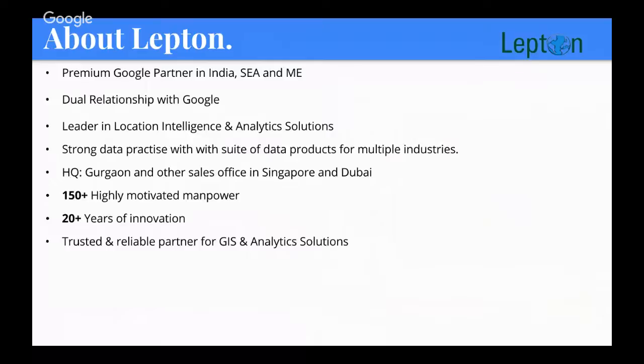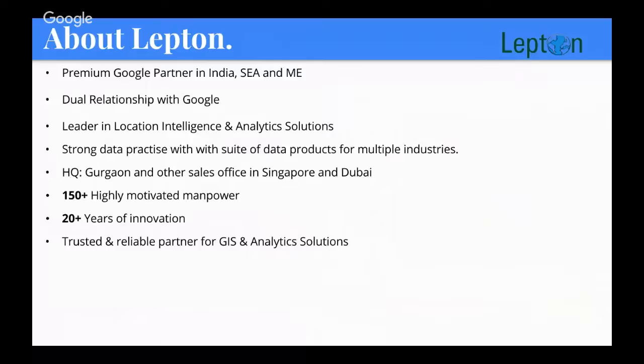We consider ourselves a leader in location intelligence and location analytics solutions. We are a boutique company with around 150 people, both on the engineering side as well as the GIS side. We started our journey around 20 years back, where we worked for the telecom vertical standalone for 8 to 10 years, which helped us create robust platforms because of the nature of the industry itself.